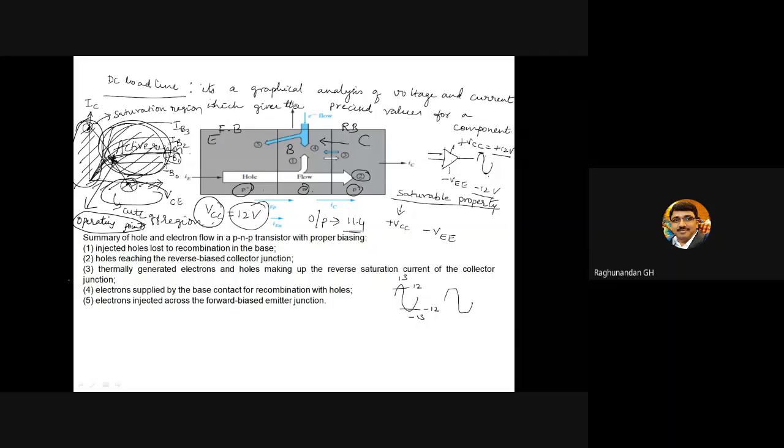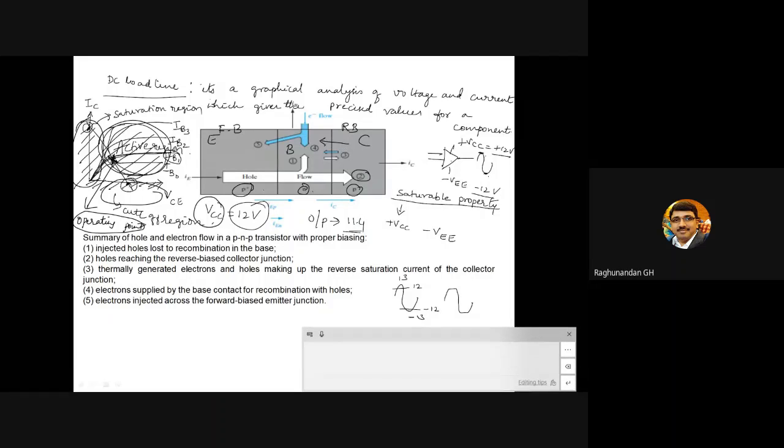So when the holes enter, in the second step, the thermally generated electrons and holes make up a reverse saturation current of the collector junction. So this is the P region. From the P region to the N region, some amount of thermally generated electrons will be moving.